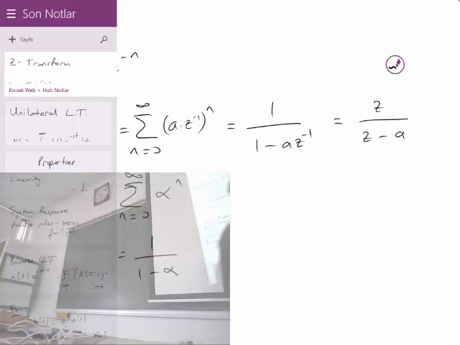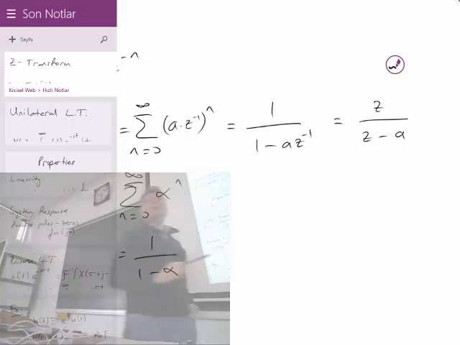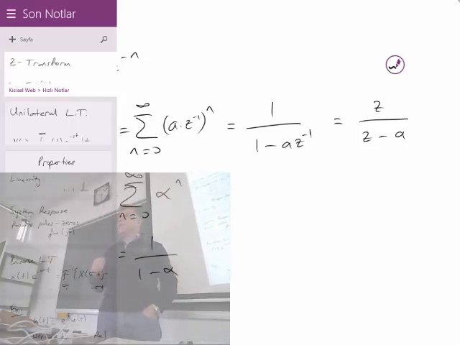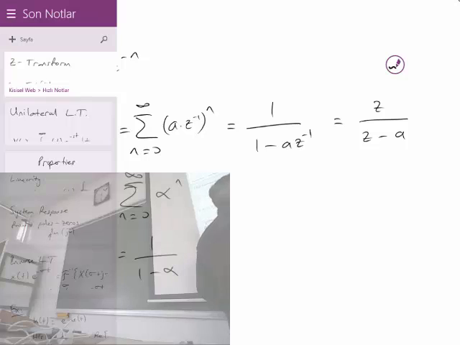Because the numerator is z. So when it becomes 0, then the whole system becomes 0. Previously, maybe it was a little bit more difficult to see that z is equal to 0 was a 0. But it was. Because when z is equal to 0, 1 over 0, z inverse, will become infinity.